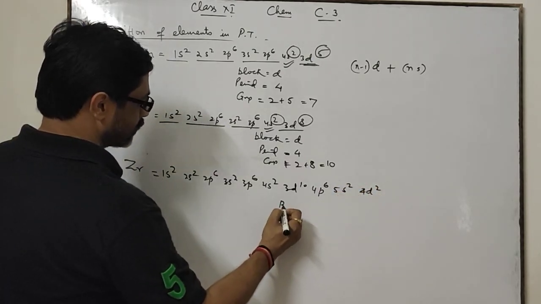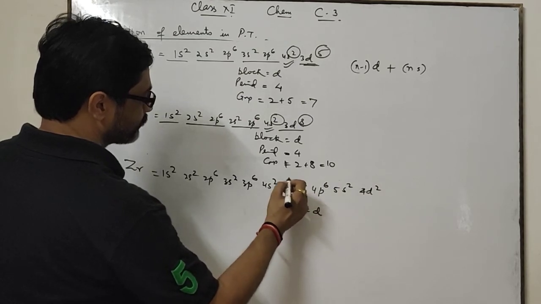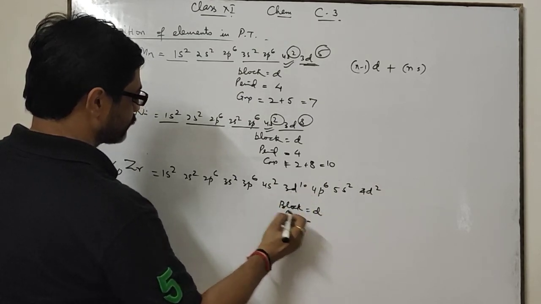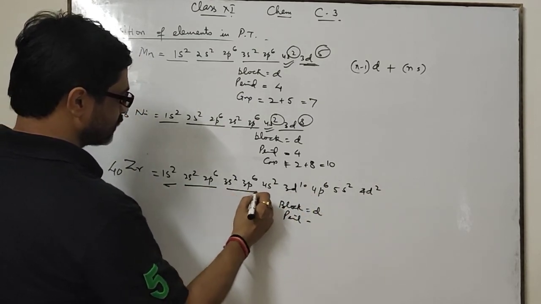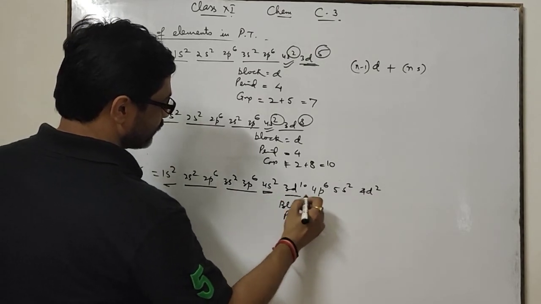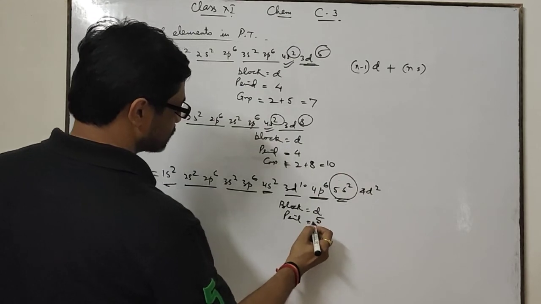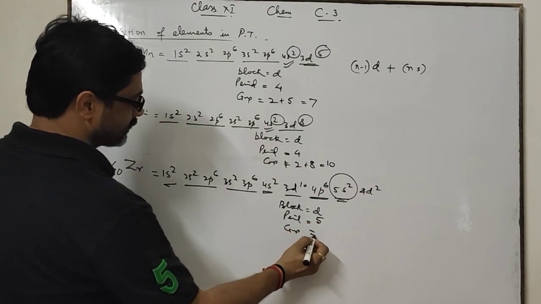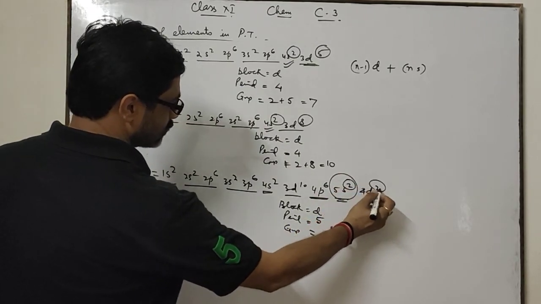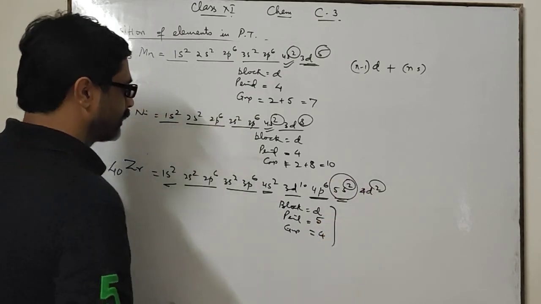Here the block is d, the period is first shell, second shell, third shell, fourth shell, and this one fifth shell, hence the period is fifth, and the group number is 2 plus 2, which becomes 4.